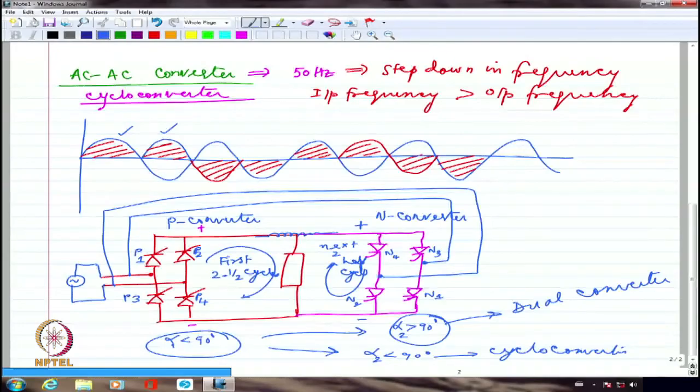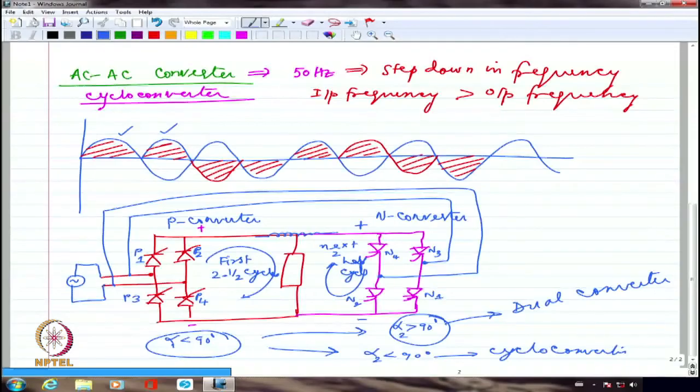So when I am talking about the single phase to single phase, that too full wave, because I'm not leaving out the other half. I'm always using both the halves of the input wave, whether it is positive half or negative half. I'm making sure that I'm making use of both of them. So it is a full wave controlled converter. What I have used is a full wave, fully controlled converter.